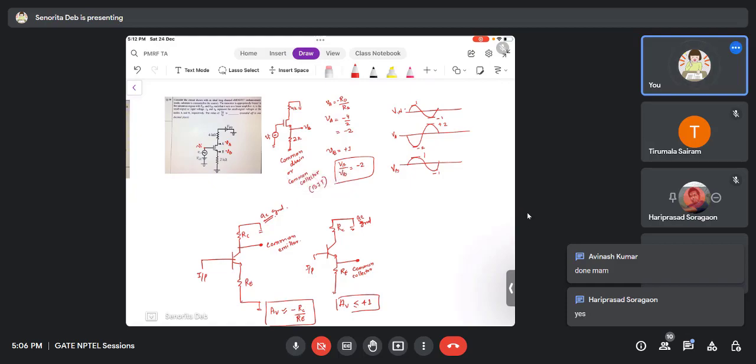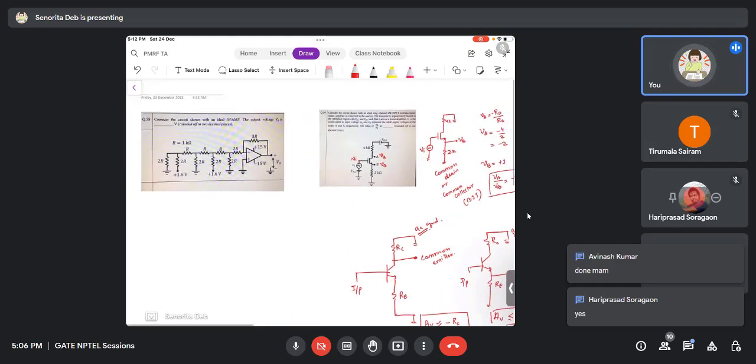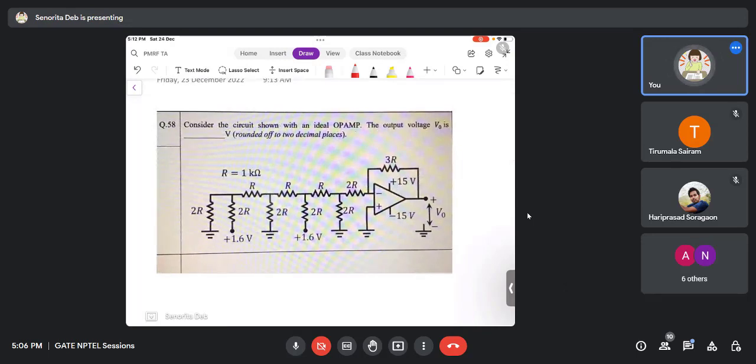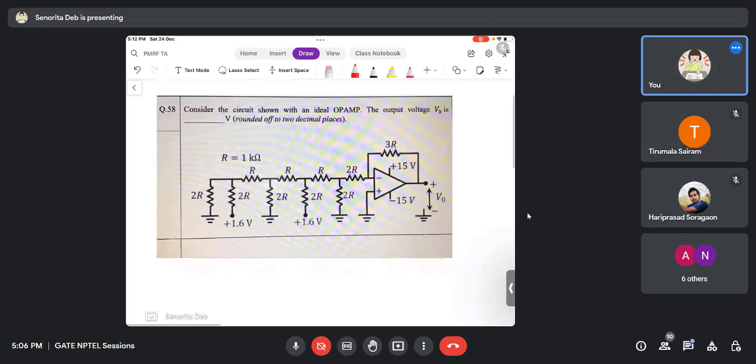Okay. So the next question that Chandrasekhar sent was this one. So Chandrasekhar, this is not an op-amp question. This is actually a DAC question. This is a digital electronics question. Okay. So digital to analog converter. This is a digital to analog converter.